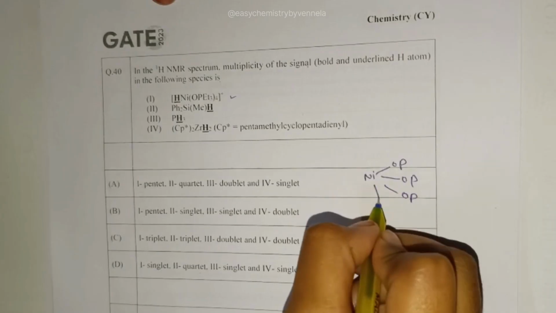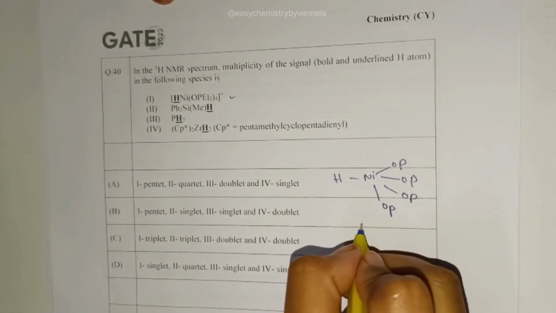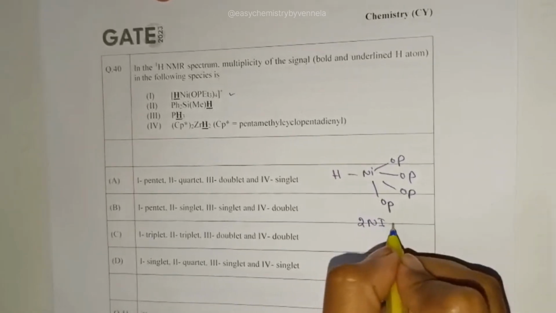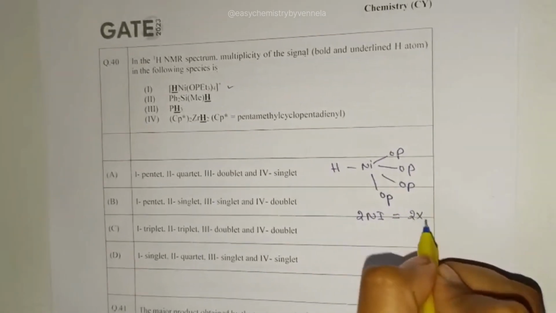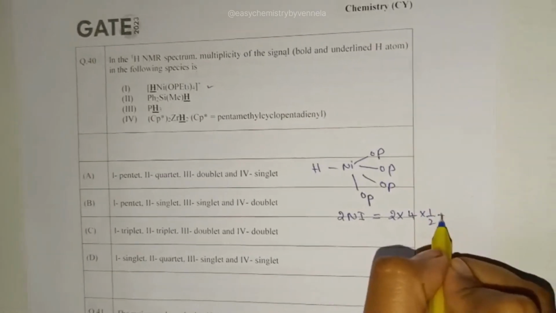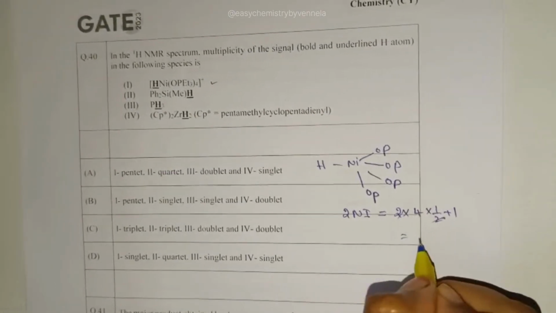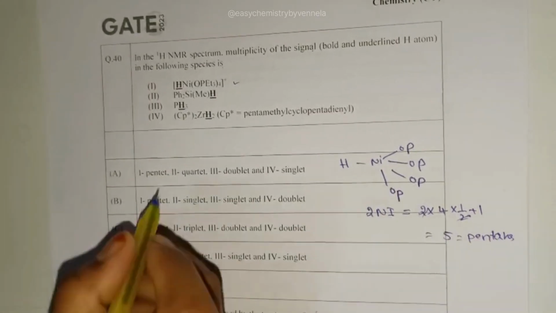Here 2nI, that is equal to 2 into n, n is equal to 4 here. Half into plus 1, so 5. It is pentane. So here first one is pentane. Here two options are there.